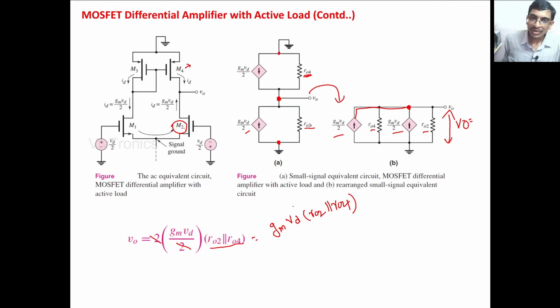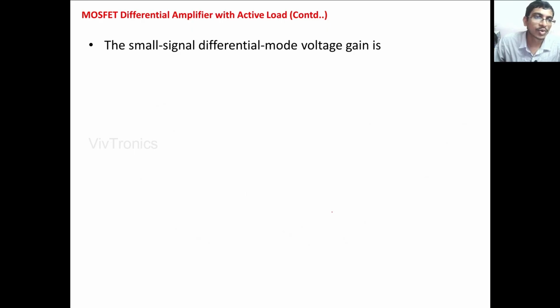Okay, and we know the differential mode gain Ad is equal to what? Output voltage divided by the differential mode input voltage. Okay, v0 is on the left hand side. We can take this vd to the right hand side to get the v0 divided by vd equation. Therefore, at the right hand side we have gm into r02 parallel r04. That is the differential mode gain.